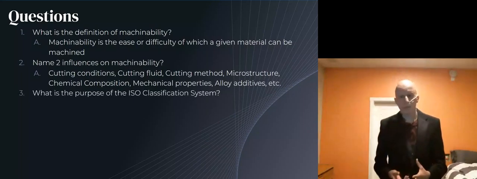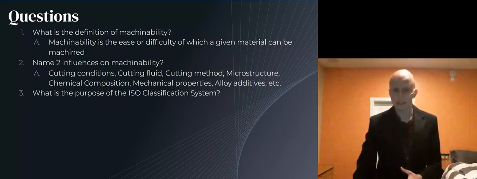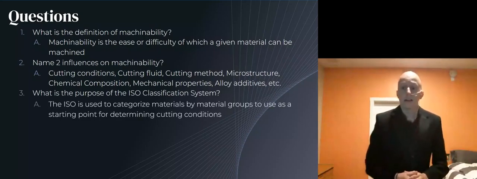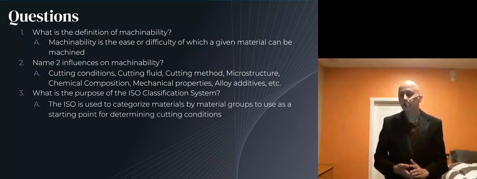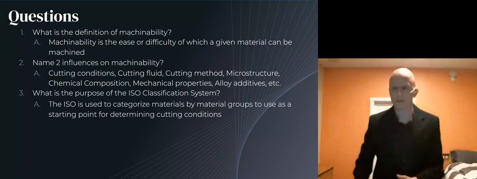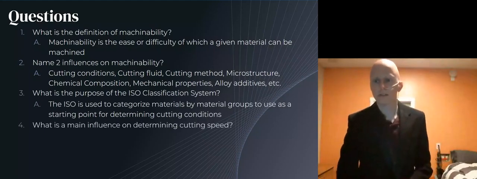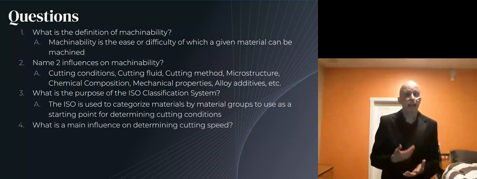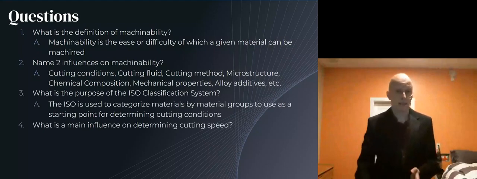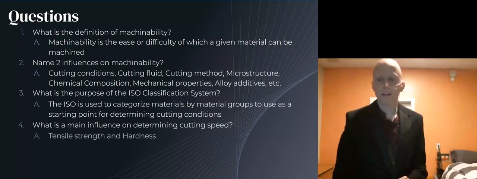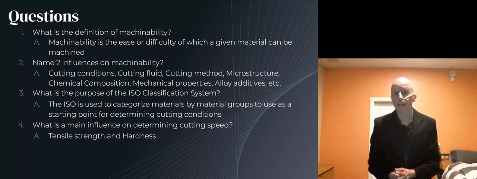What is the purpose of the ISO classification system? The ISO is used to categorize materials by material groups, and this is used as a starting point for determining cutting conditions. What is a main influence on determining cutting speed? As I mentioned, tensile strength and hardness are the largest factors in this.